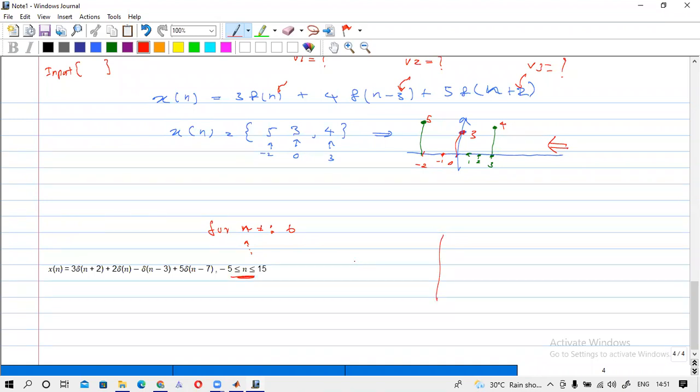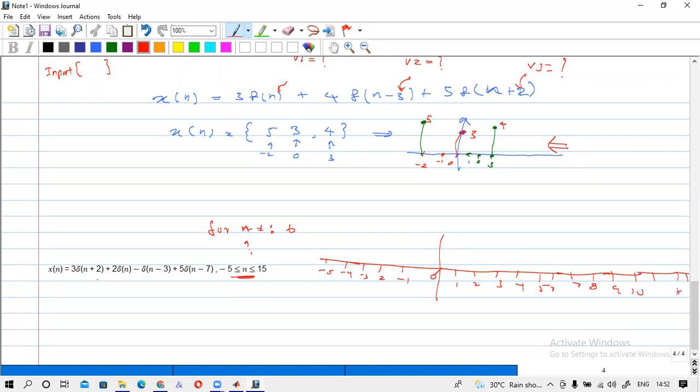If I plot this, we have to get n from -5, -4, -3, -2, -1, 0, up to 1, 2, 3, 4, 5, 6, 7, 8, 9, 10, up to 50. You have to get the n value up to 50.